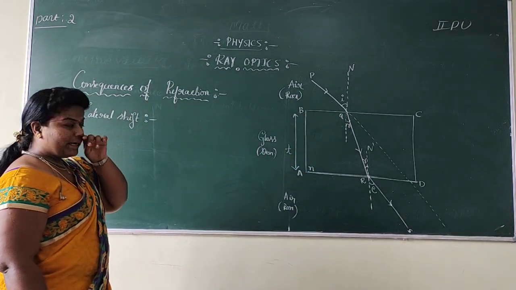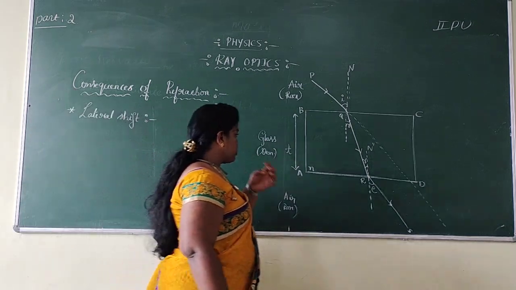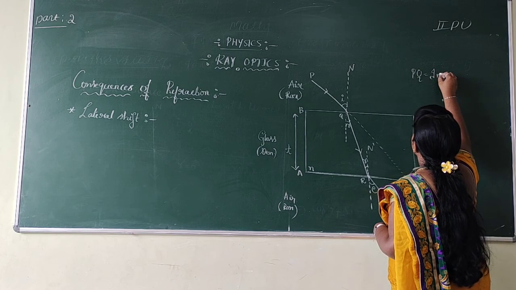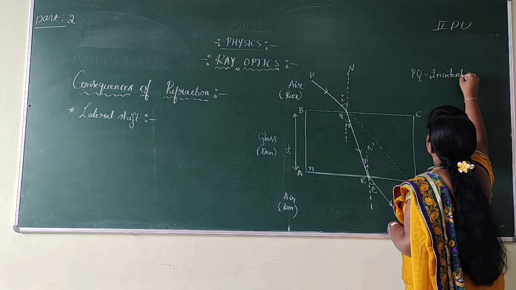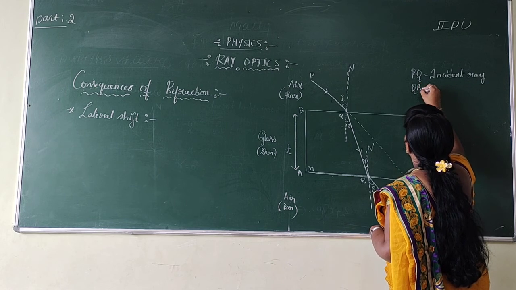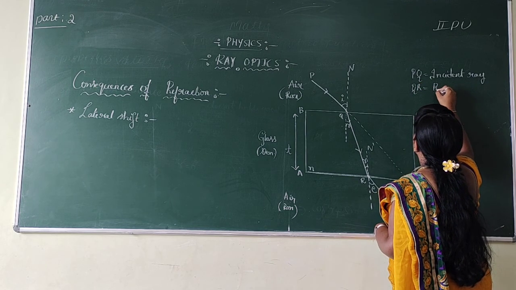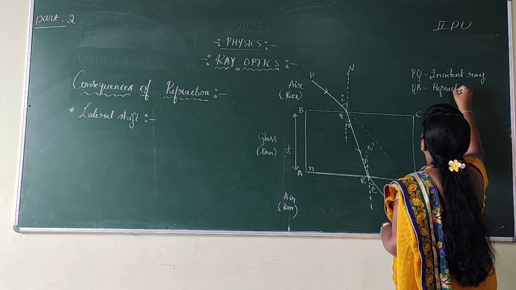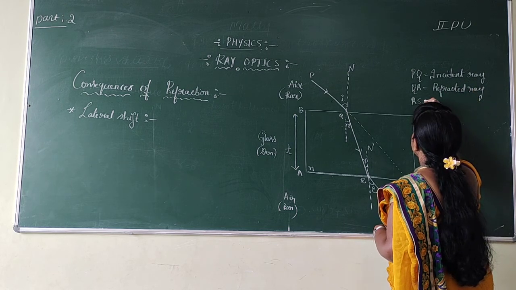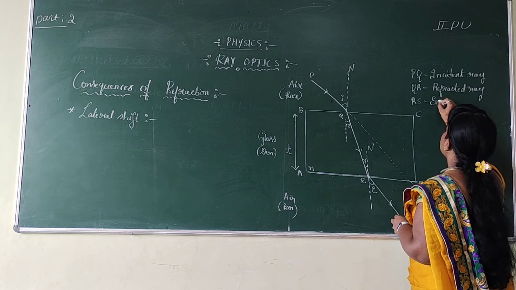I will note it here, my dear students, and show you. Here PQ is the incident ray, QR is the refracted ray, and RS is the emergent ray.